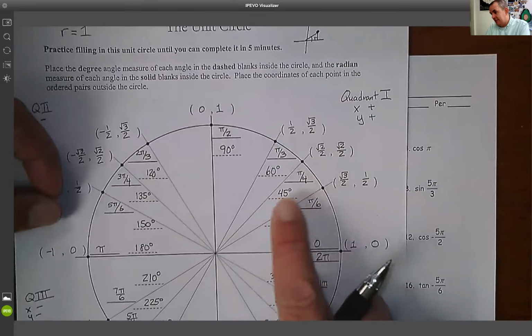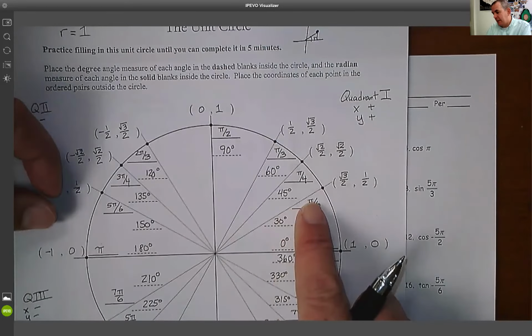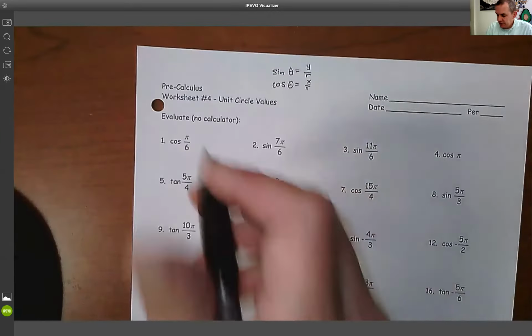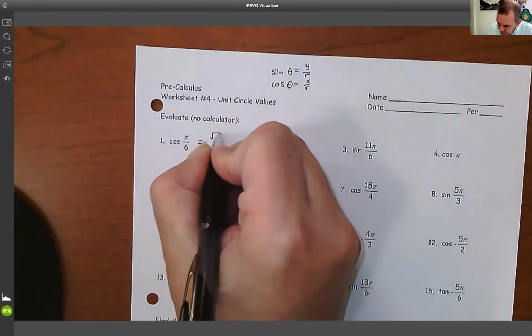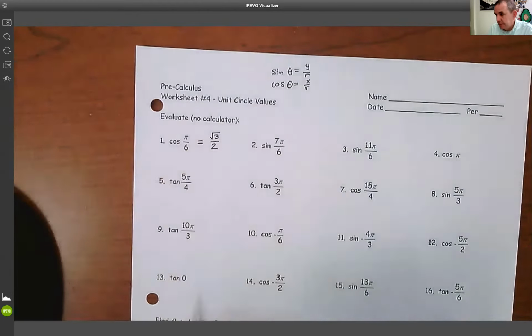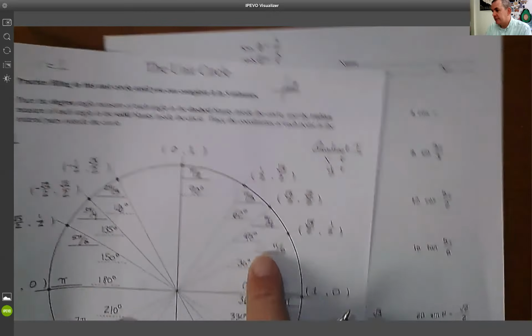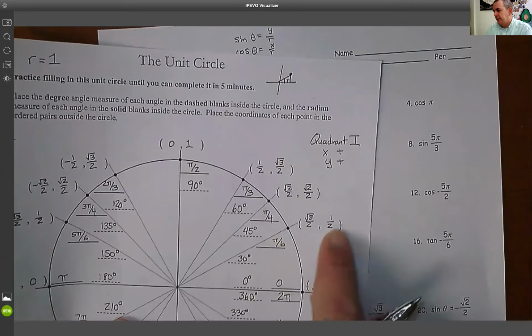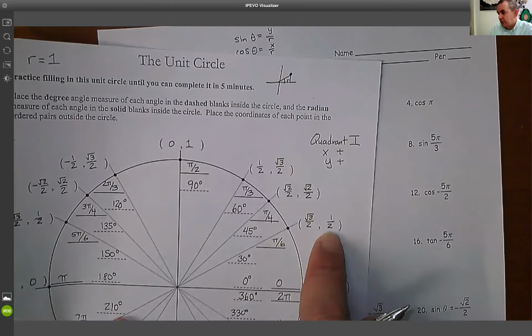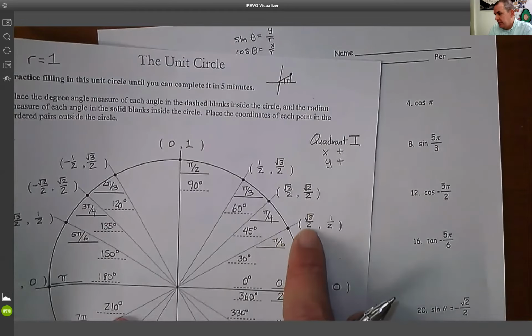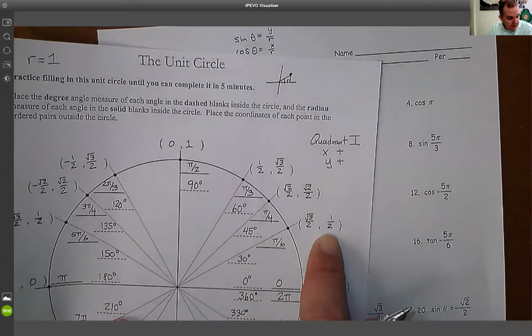So if I am taking the cosine of pi over 6, the answer to my problem is root 3 over 2. Find pi over 6; this is the xy coordinate, the unit circle values, your cosine value and your sine value.